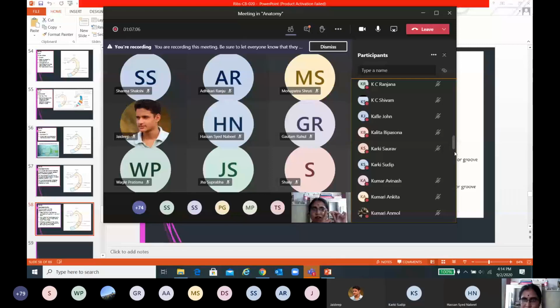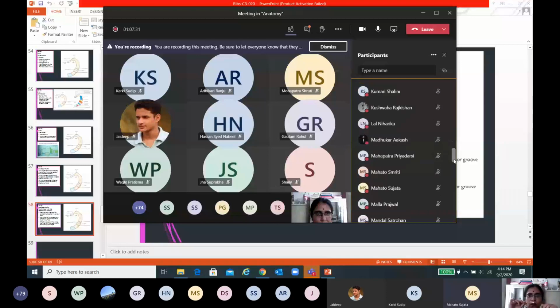Now, Sujata Mahato, are you there? Yes, ma'am. Sujata, this is the upper surface, okay? I'm showing you, this is the anterior groove, this is the posterior groove. In the anterior groove, which vessel lodges in the upper surface of the first rib? See, I'm showing with the finger.